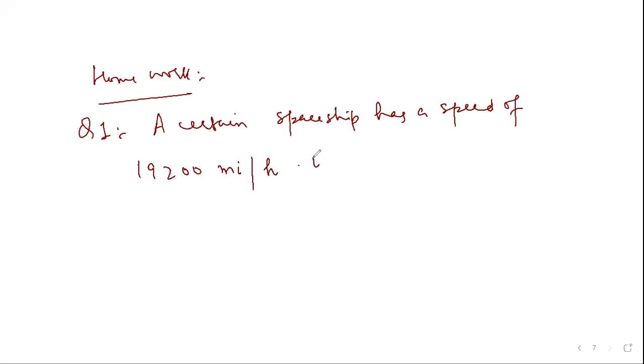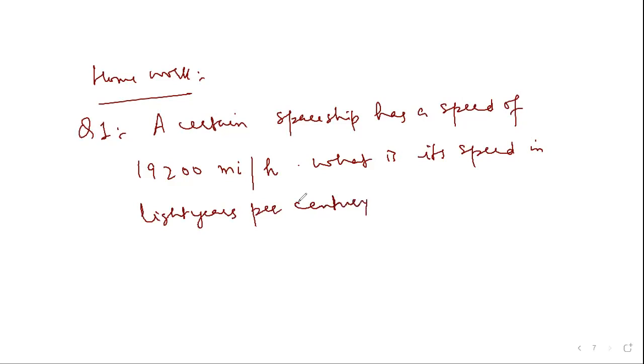What is its speed in light years per century? I repeat the question. A certain spaceship has a speed of 19,200 mile per hour. What is its speed in light years per century?